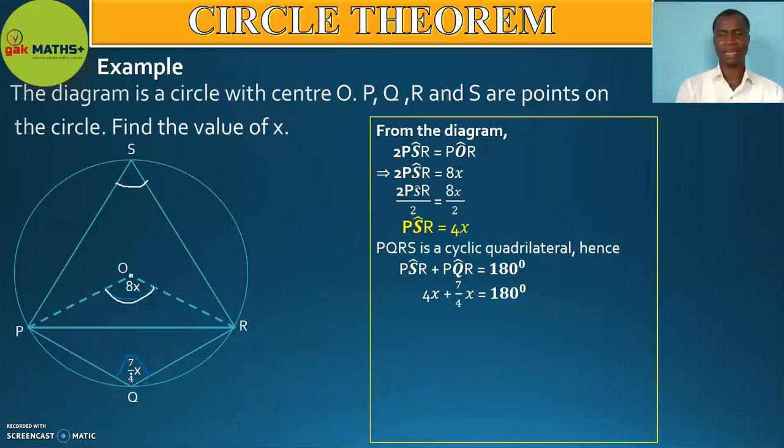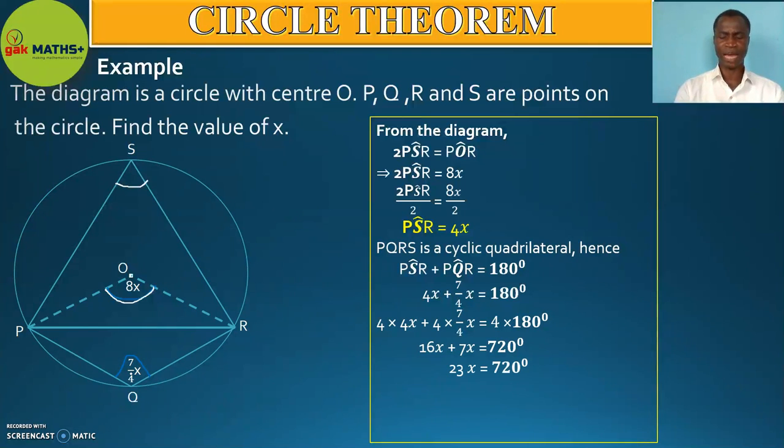Multiplying through by the LCM, which is 4, we have 4 times 4x plus 4 times 7x over 4 is equal to 4 times 180 degrees. And this gives us 16x plus 7x is equal to 720 degrees.